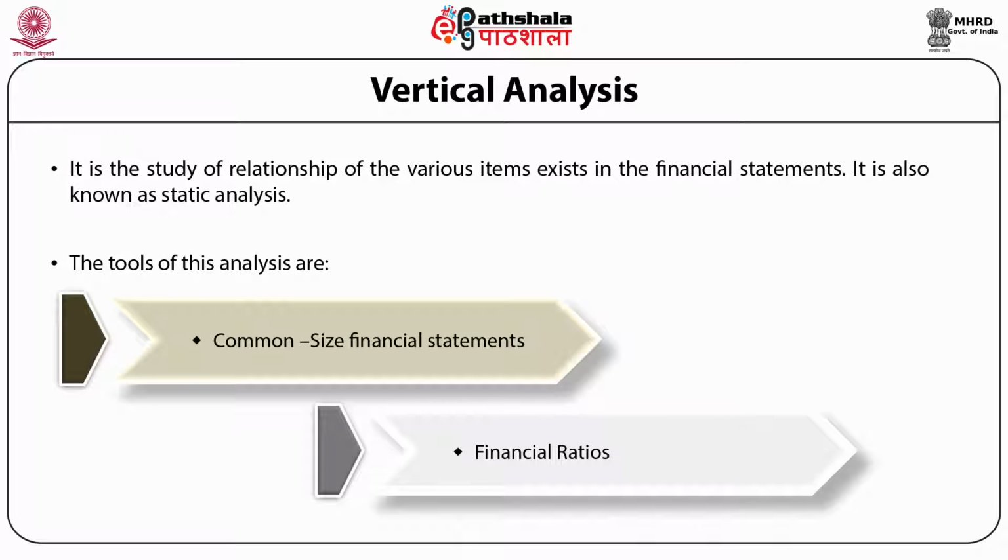Liabilities and owners' equity accounts can be expressed in terms of their relationship to total liabilities and owners' equity. The two tools employed in vertical analysis generally are: first, common size financial statements; second, financial ratios.